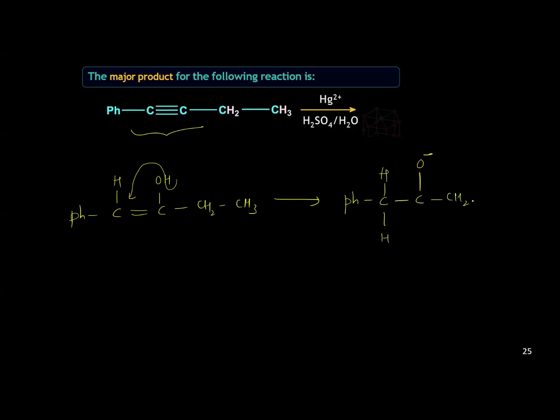Now it will go here. So PH, C, hydrogen, hydrogen, C, double bond O. Sorry, I told you in reverse. So this is OH, this is hydrogen, this is O, this is hydrogen, O minus. Double bond O, H2, CH2, CH3. Understood?